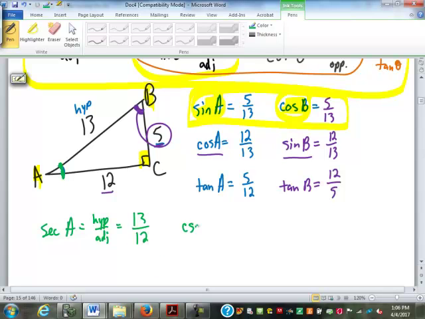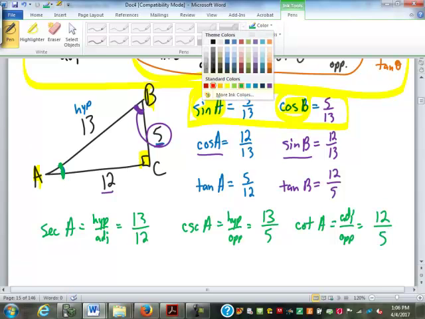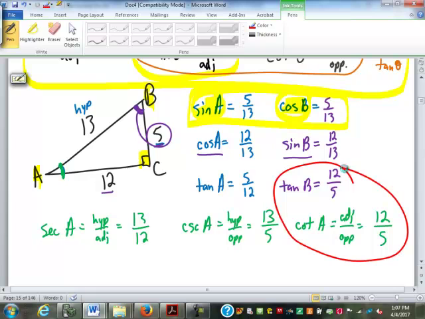The cosecant of angle A is hypotenuse over opposite, so it's still 13, and the opposite side is 5. Cotangent of angle A is adjacent over opposite, so the adjacent side is 12 and the opposite side is 5. By the way, the tangent of B equals the cotangent of A because they're complements.